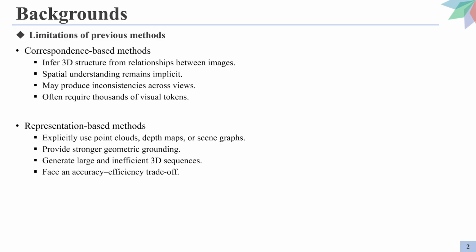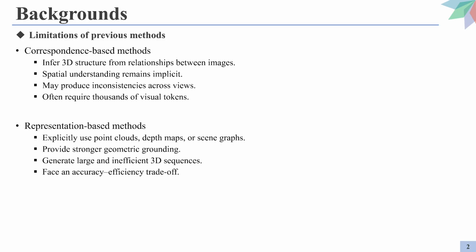The second category is representation-based methods. These methods explicitly construct a 3D representation using point clouds, depth maps, Gaussian splats, scene graphs, or reconstructed features. They provide stronger geometric grounding, but explicit 3D scenes can contain an extremely large number of points or features.